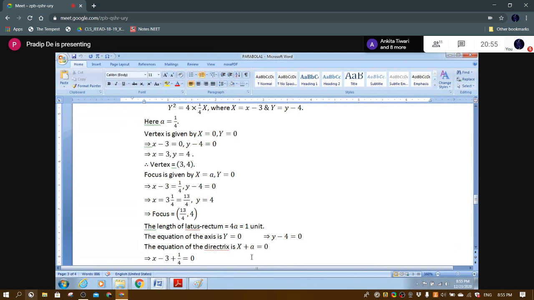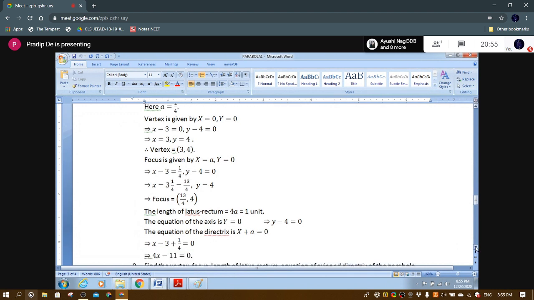But capital X is small x minus 3. So x minus 3 plus 1/4 is equal to 0. That is this. And you have found everything that was asked. Clear? Yes, sir.